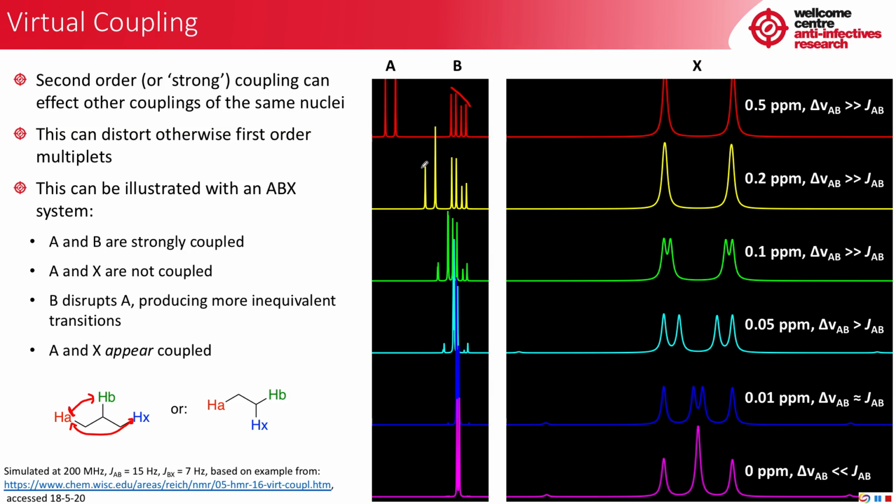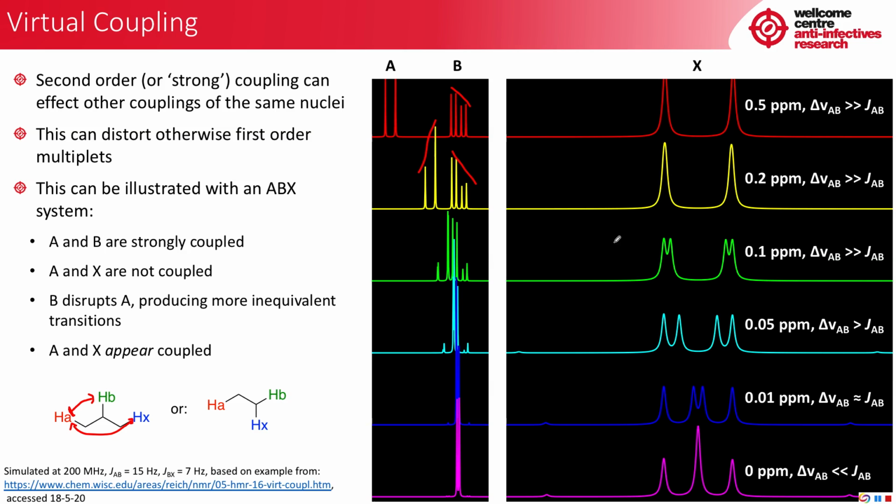And you can see the signal for X is a nice doublet, and this is the BX coupling. Now, as we move to a gap of 0.2 ppm, we can see that this roofing is much more pronounced, but again, we still have a nice doublet just for BX coupling here.